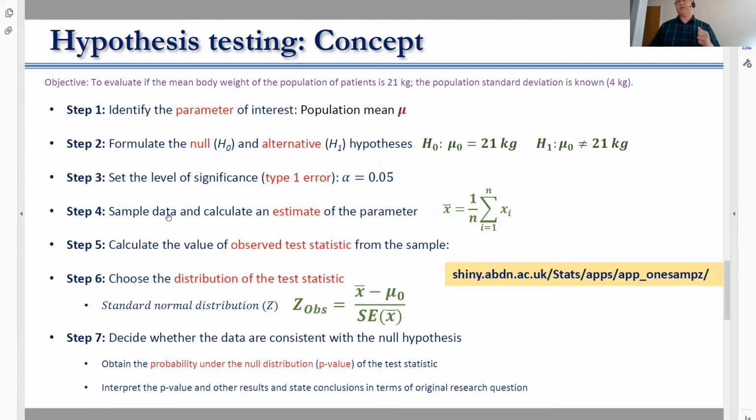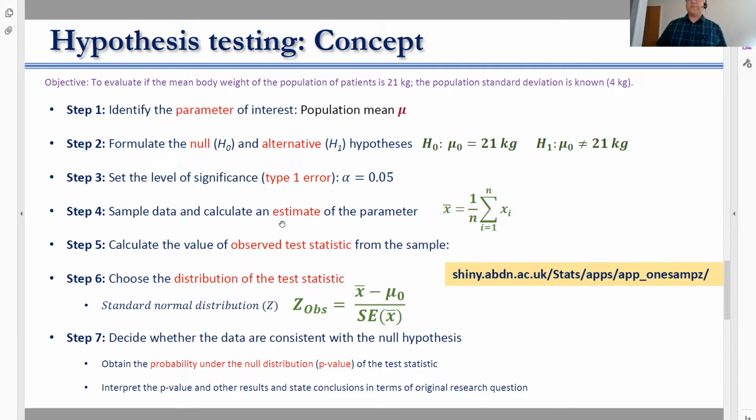And that's quite important, because if we set, let's say, type 1 error as 0.01, you really set it before you collect the data. Or even if you set type 1 error as 10%, that's also fine, but you should really set it before collecting the data. What is not generally acceptable is changing your type 1 error after observing the data.